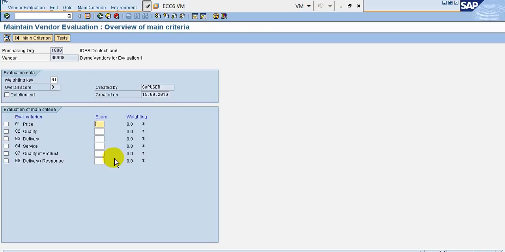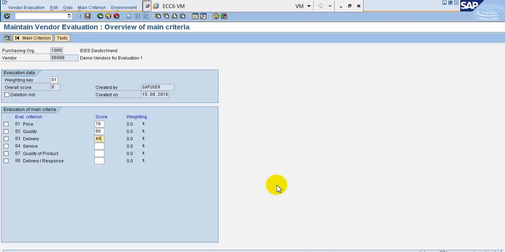So let us enter some values here. I am taking 70 for price, 60 for quality, and delivery is again 40. I have taken only 3 main criteria here.